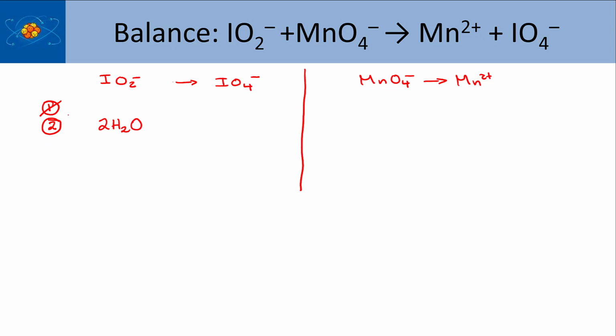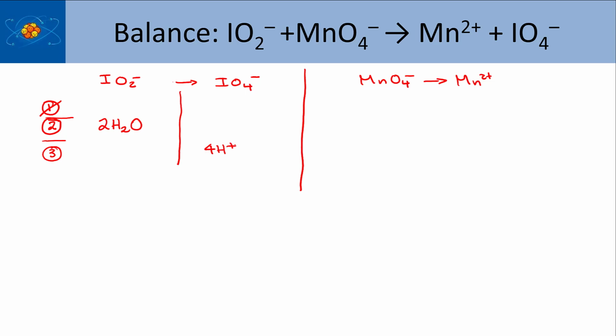So the third step, and you see what I'm doing, is I'm doing every step separately, but I'm going to keep a tally like this and add the left sides and the right sides when I'm done. So I have 4 hydrogens here. I have no hydrogens here. So in step 3, I'm going to add 4 H pluses like this.